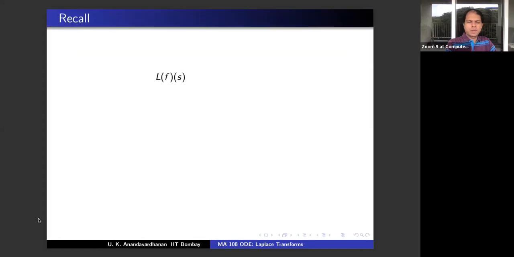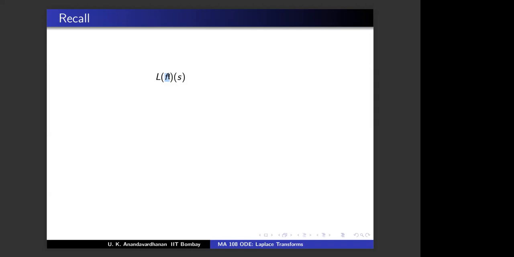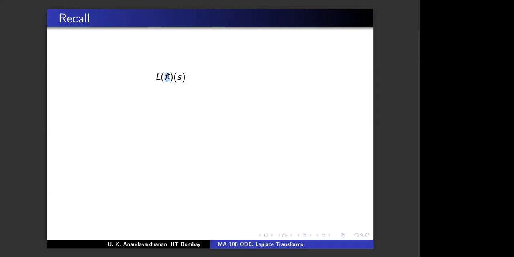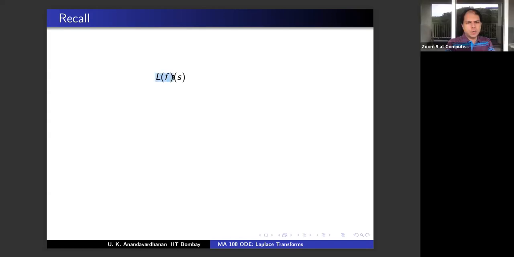So remember the definition and the notation first. This f is a function defined on 0 to infinity and valued in the real numbers, so the codomain is R, and L of f is the Laplace transform.